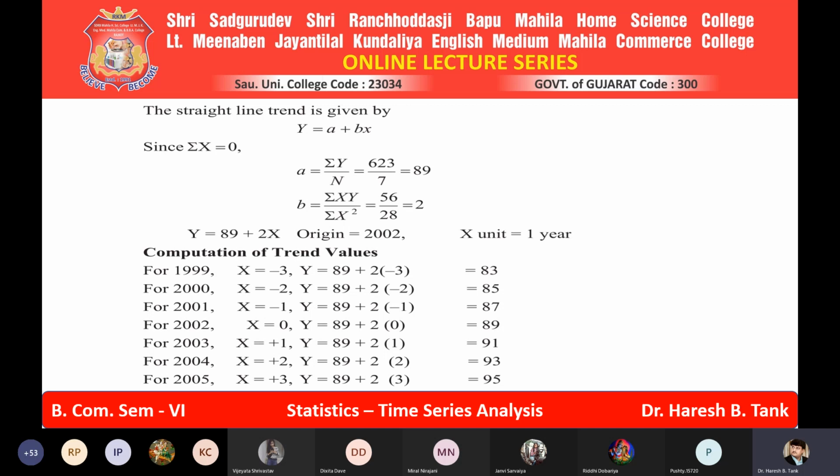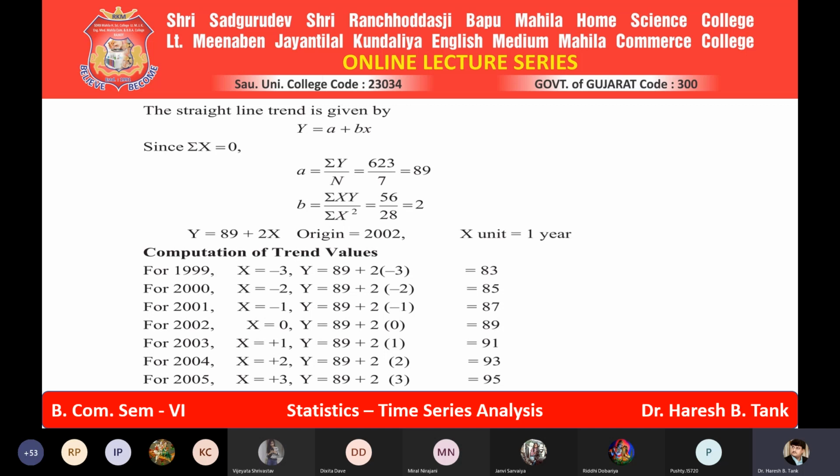Now we have to make another column, and that column would be the trend value yc is equal to 89 plus 2 times x. Substitute different values of x in that case as -3, -2, -1, 0, 1, 2, 3.